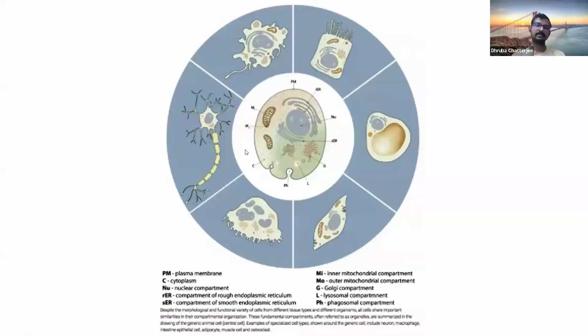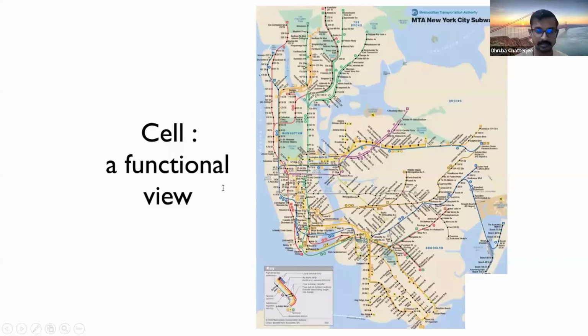We have mentioned it quite a few times that eukaryotic cells are quite complex and they have so many different membrane-bound subcellular compartments.